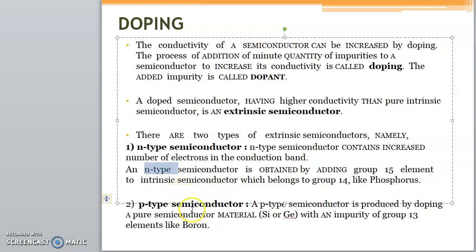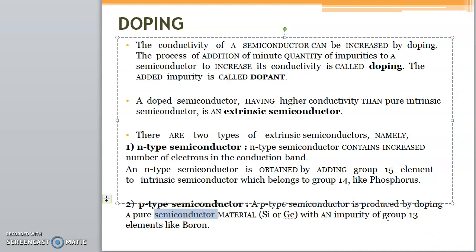What about P type semiconductor? P means positive, that means there should be one electron less. When the electrons are less, automatically that becomes a positive type or a P type semiconductor. How is a P type semiconductor produced? It is produced by doping a pure semiconductor material, like silicon or germanium. Remember, these are metalloids, they're pure semiconductors. Now they are doped with an impurity of group 13 elements.